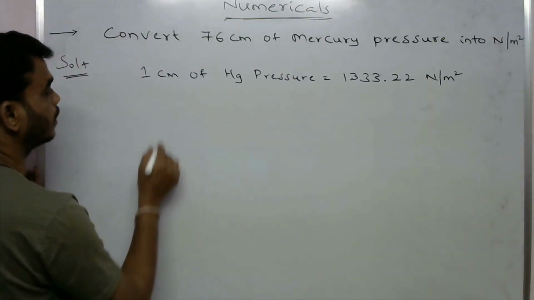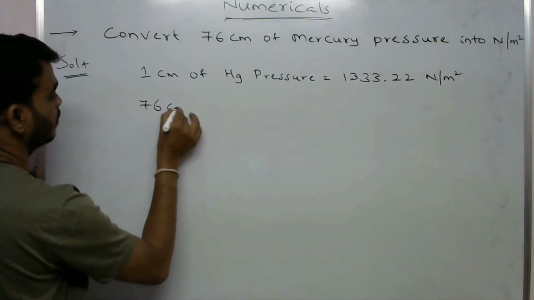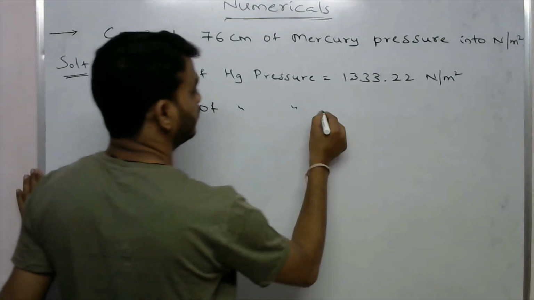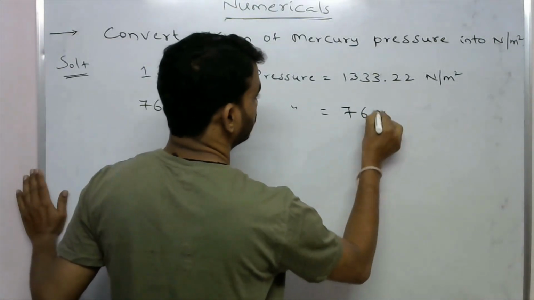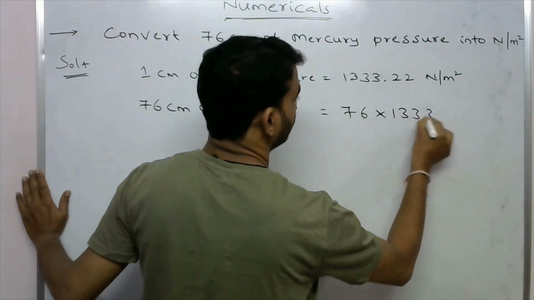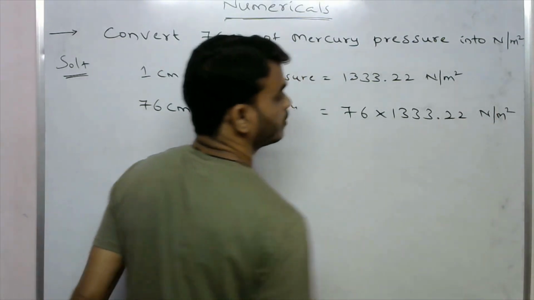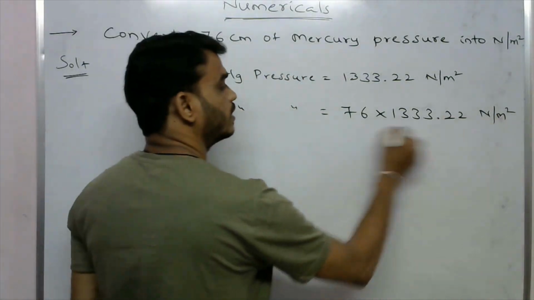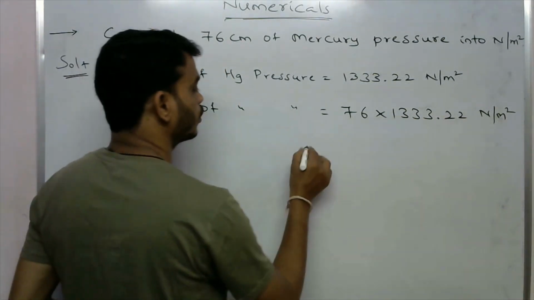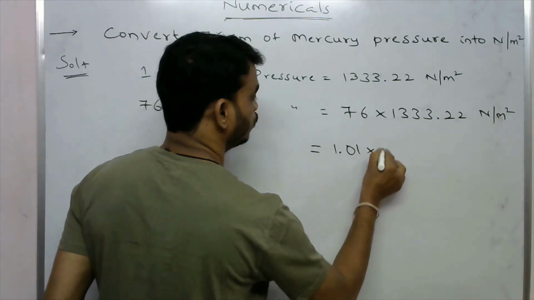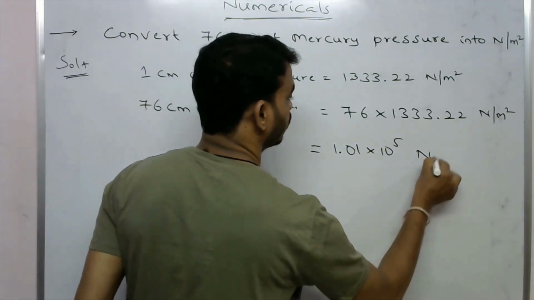Now we want 76 centimeter of mercury pressure, so this value is 76 into 1333.22 Newton per meter square. By calculating this, approximately we will get 1.01 into 10 to the power 5 Newton per meter square.